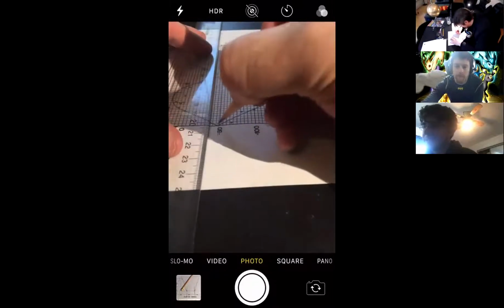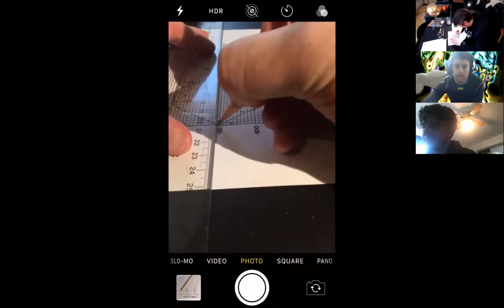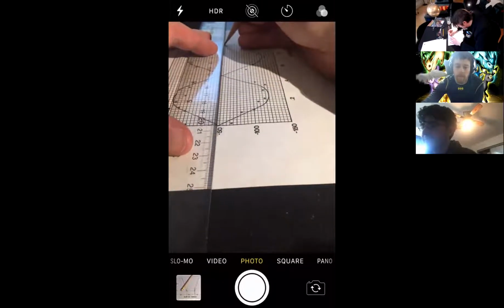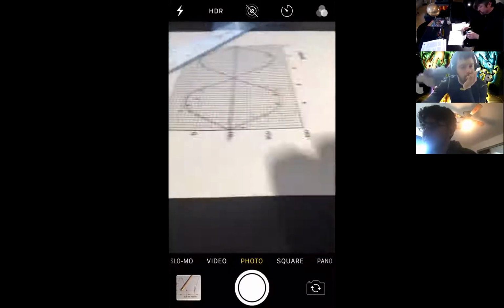Let me go sideways. There we go. Okay, this is what the book calls gamma. Gamma is our center of mass velocity.